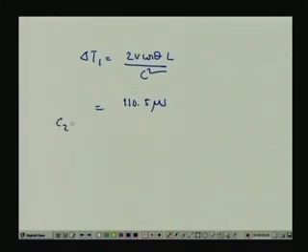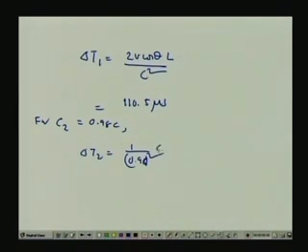So, for C2 equal to 0.98 C, we have delta T2 equal to 1.98 whole square into delta T, equal to 119.7 microsecond.